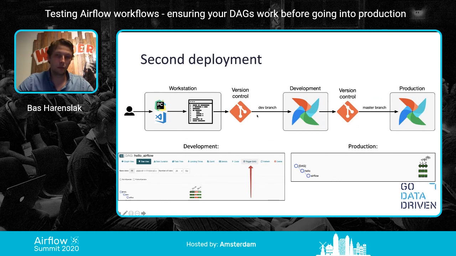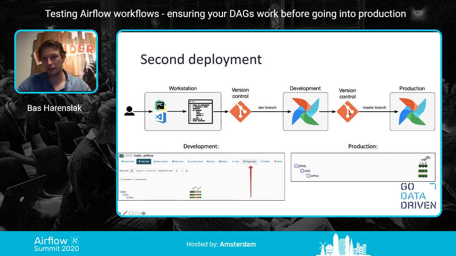But now, instead of one master branch, they have two branches, a development branch, where they develop on their own branches. They push to a development branch and test out their changes in a development Airflow setup. So this still involves clicking on trigger DAG every now and then. Sometimes they see a red thing, they go in the logs, fix the code or fix whatever error there is, until they click trigger DAG and all the runs are green again.